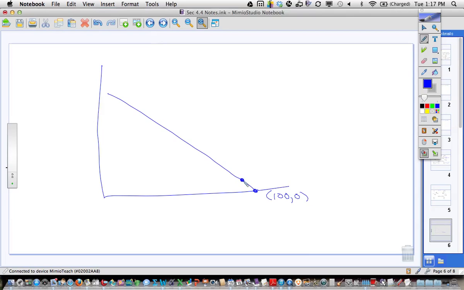So 1 minute later, what point was he at? 99.5 and 0.6. Because remember what he was doing. He was coming back 0.5 and up 0.6 every minute. And so 1 minute later, he would have been at what? 99 and 1.2.